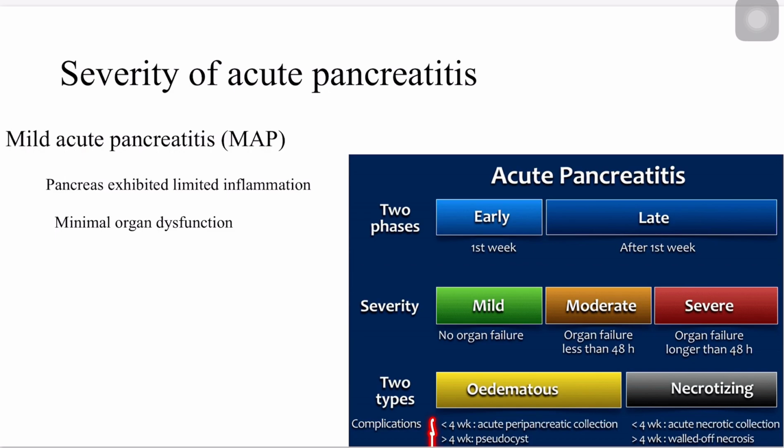And in the edema, we can classify two groups. Less than 4 weeks, we can see acute pancreatic collection, and after 4 weeks, we can see pseudocyst. Both of them belong to the edematous type.